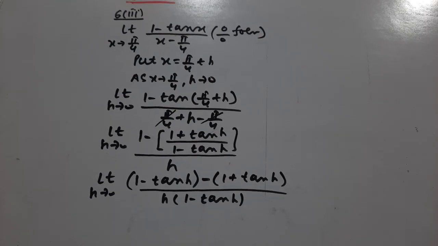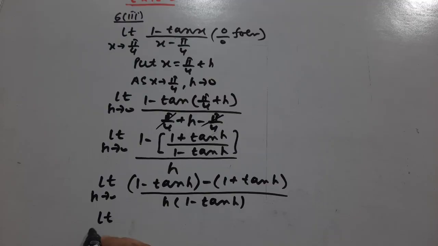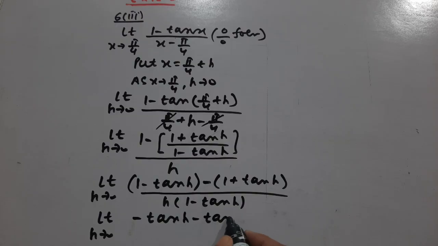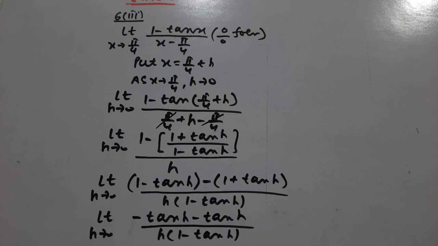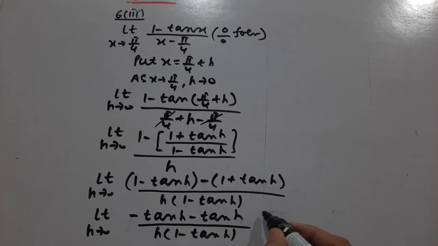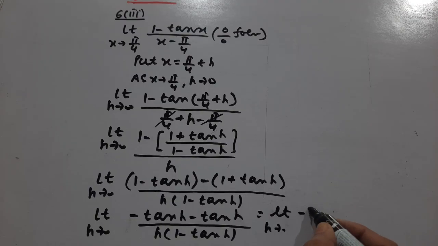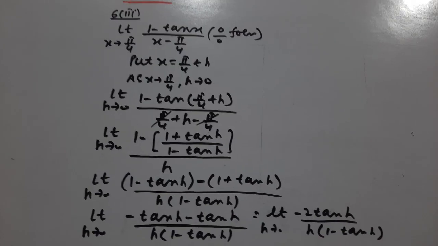Now open the bracket. So limit h tends to 0, we get minus tangent h upon h into 1 minus tangent h. Now this is equal to limit h tends to 0 of minus 2 tangent h upon h into 1 minus tangent h.